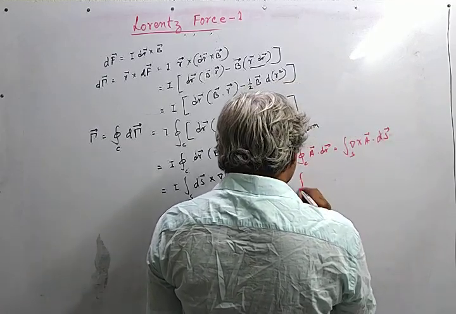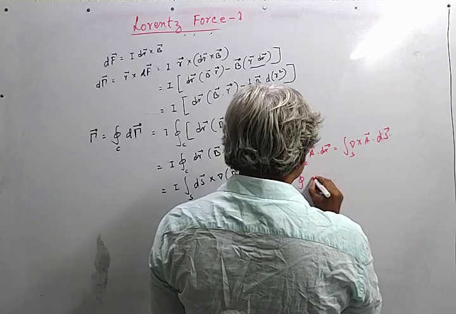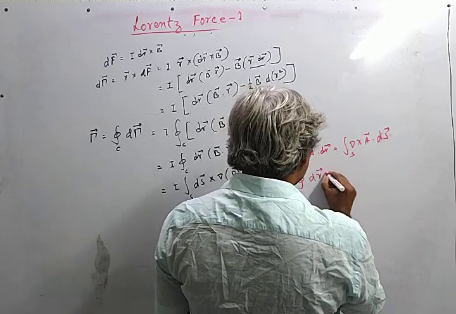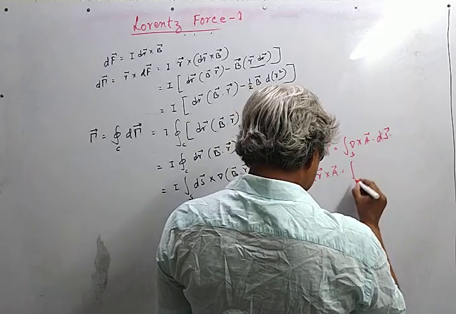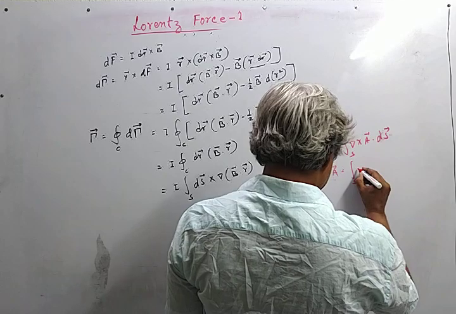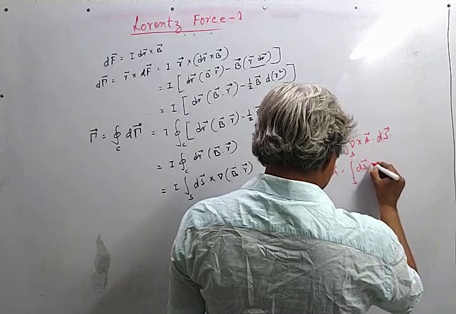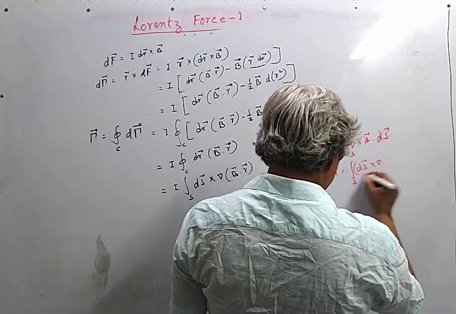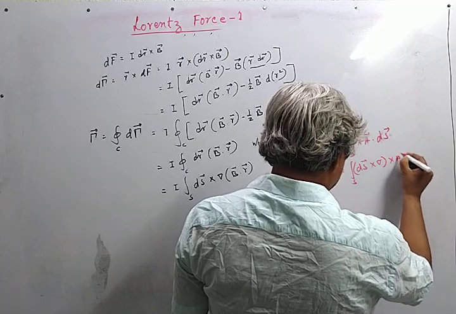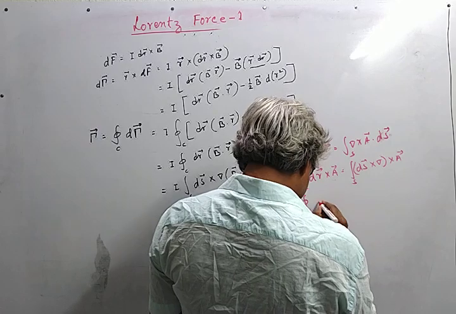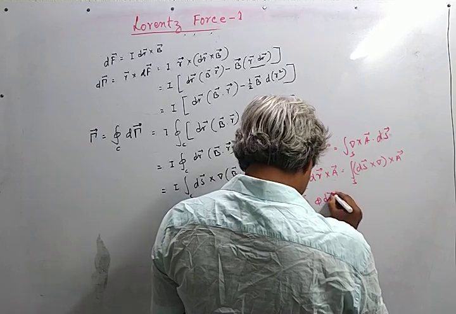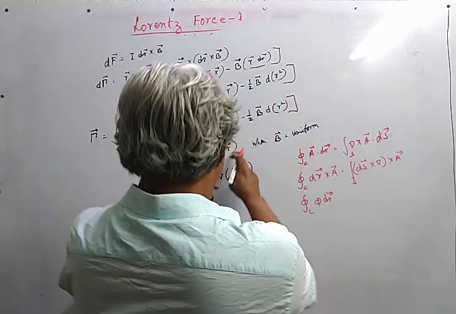If we apply the law to dr cross A, then the surface integration is ds cross nabla cross A, which we have used earlier, and the third form is the closed integral of phi dr, which we are going to use here.